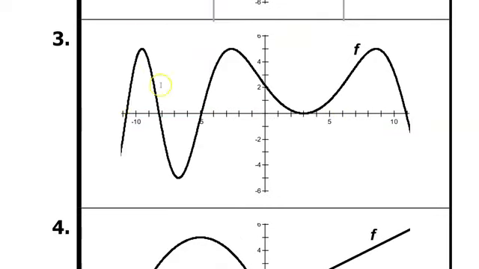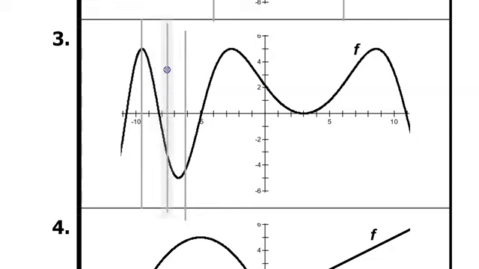Ooh, number 3 looks fun. Look how curvy this is. Let's start off by separating this graph into intervals of increasing and decreasing. So it starts off increasing until about here. So then it's decreasing until about here.